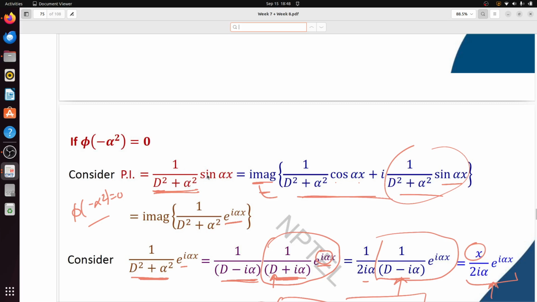So for this purpose, sin alpha x, what does it mean? Sin alpha x is actually the imaginary part of e to the power i alpha x.